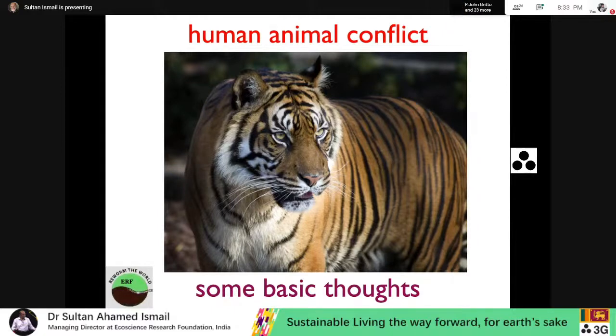So if this tiger requires one deer per week, for easy calculation, that means it requires 52 deer per year.